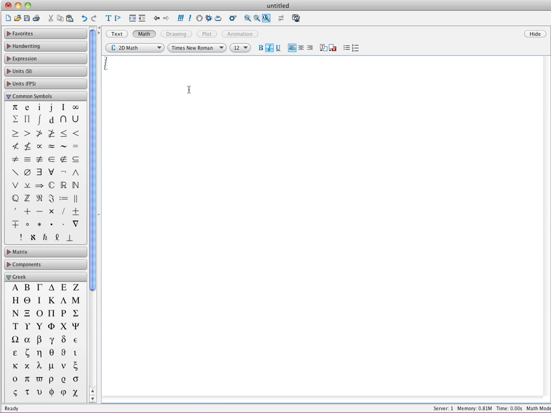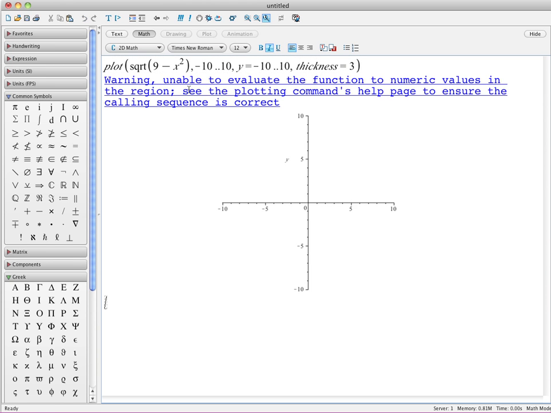So what I'm going to do is plot the square root of, what was that first one? 9 minus x squared. Let's just go -10 to 10, y equals -10 to 10. This is your basic box. It's really nice and easy to start with, and I can modify it later. I'm going to jump in here right away and make thickness equal to 3.